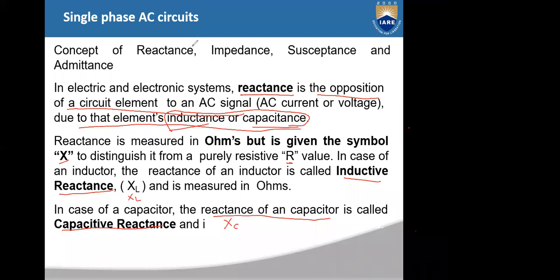The remaining elements, inductance and capacitance, also oppose the flow of electrons, but the opposition offered by the inductive or capacitive elements, we are calling a reactance. If it is offered by the inductive element, we are calling it an inductive reactance. If it is offered by the capacitance, we are calling it a capacitive reactance.